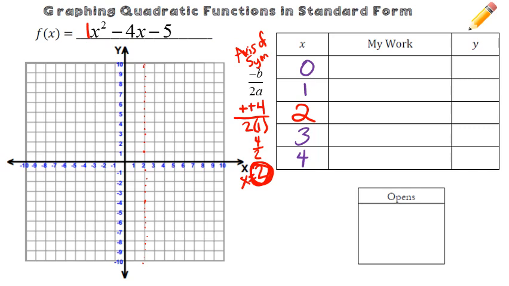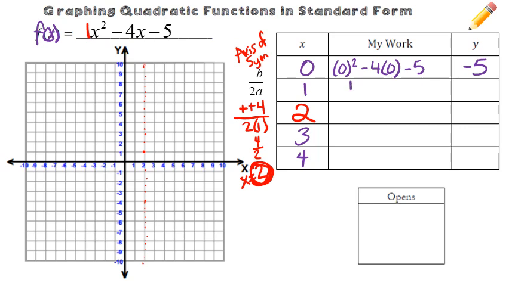Your work, you're going to take those x values and plug them in to the original function over here. So that means wherever there's an x, I'm going to put a 0. So I end up with 0 minus 5, so my y value is minus 5.